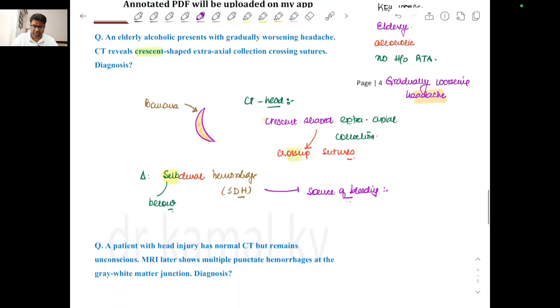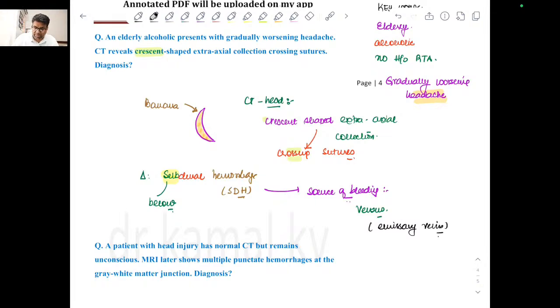In extradural we discussed that it is arterial, but here it is venous. And when I say venous, which veins? Emissary veins or the connecting veins, right? So these veins get ruptured.